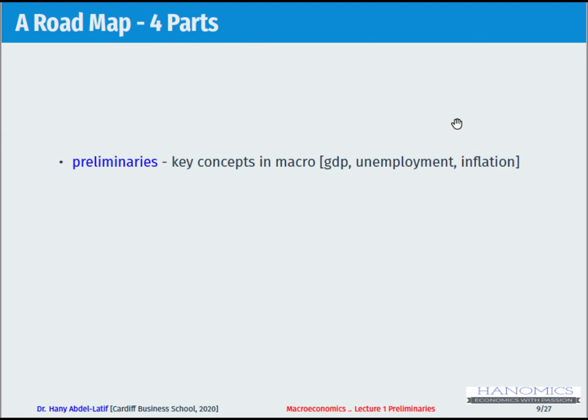We want to know what that means and how it is calculated or measured. Again, this is just the output, how much a country produces. And unemployment rate and inflation. These are the key concepts in macroeconomics, or the main macro indicators, which we will cover in the first part of the module.